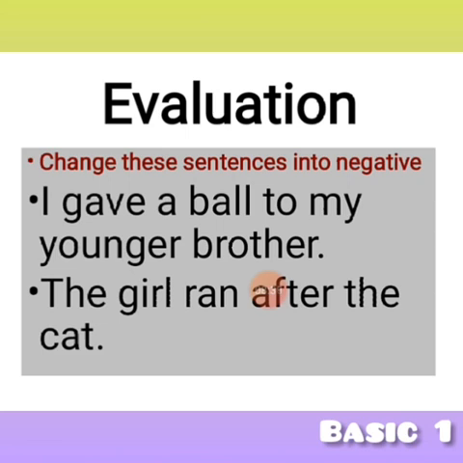To the present tense. For example, I did not, before I put what? Give a ball to my younger brother. And in the second sentence, the girl did not, and here ran is changed to run after the cat. That gives you the girl did not run after the cat.